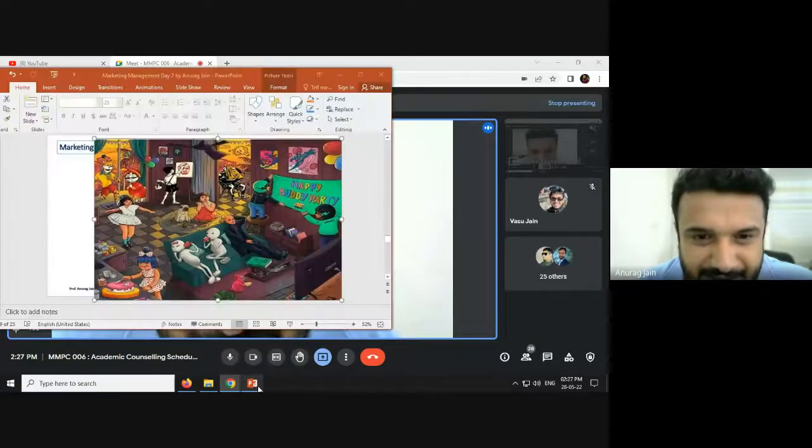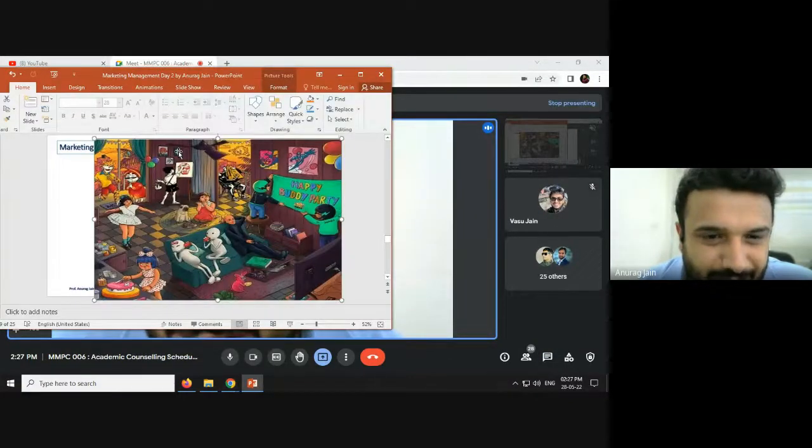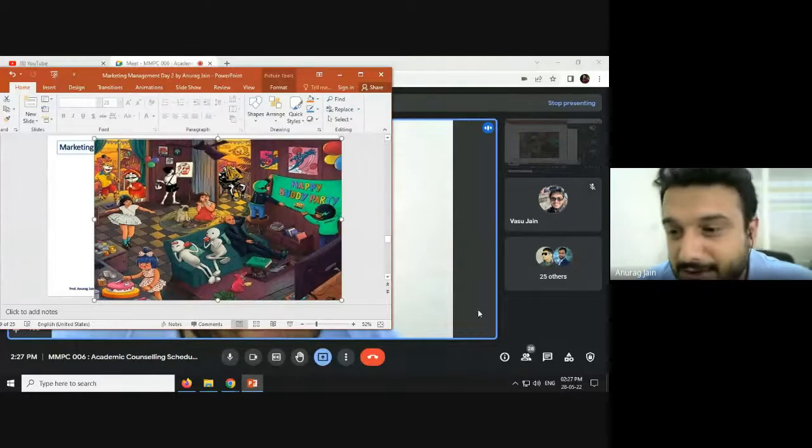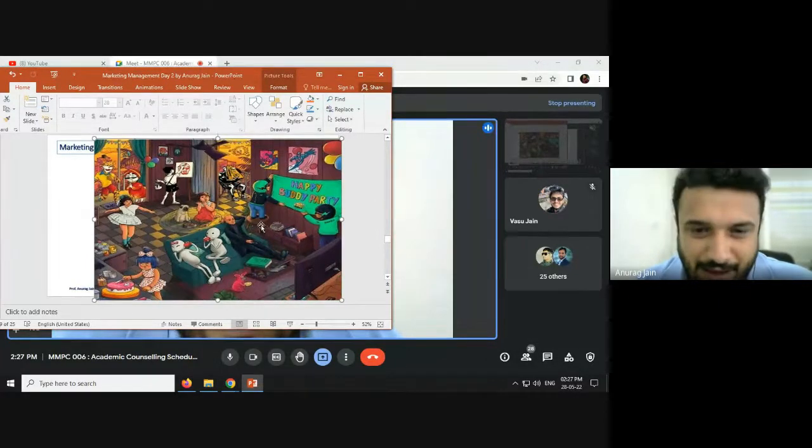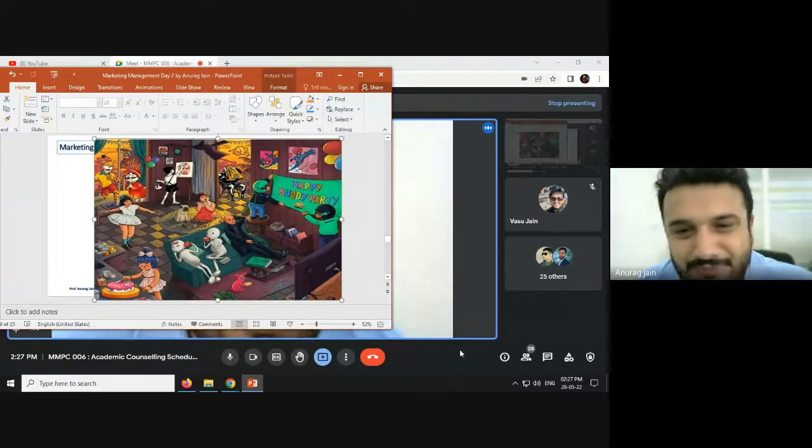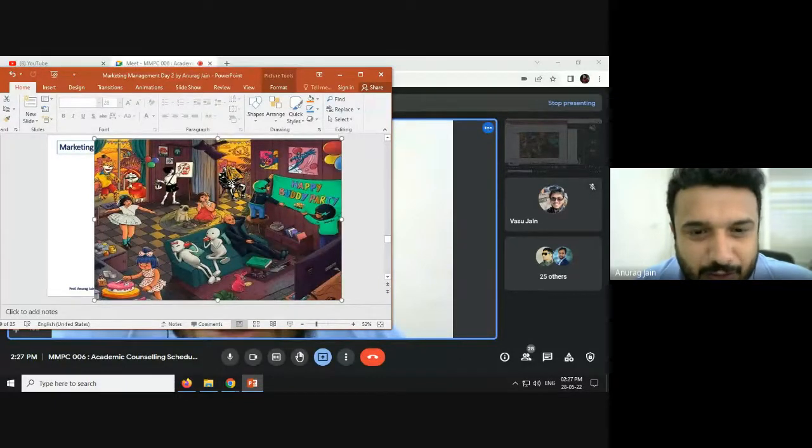Let me just check. Yeah, Woodland is also there. No, it is not Woodland actually. It's a Dabur. The tree which you are seeing here, I know it is not very clearly visible, but it is actually Dabur's tree. Can you try to recognize this brand where I'm showing the cursor?